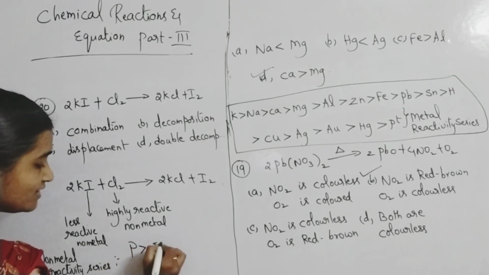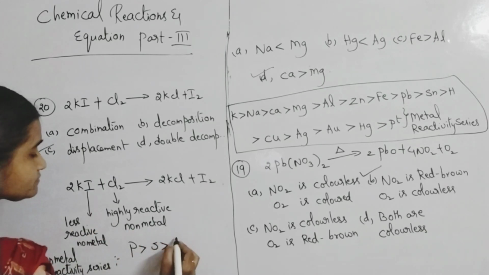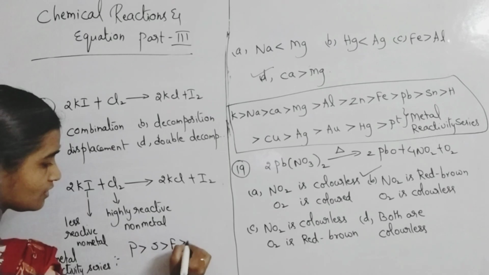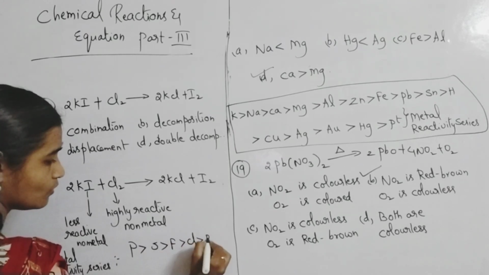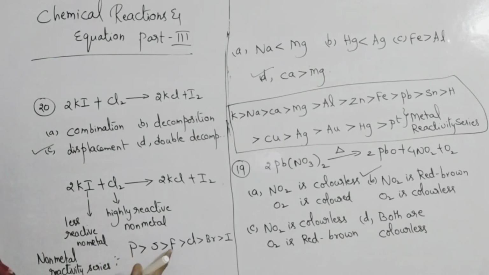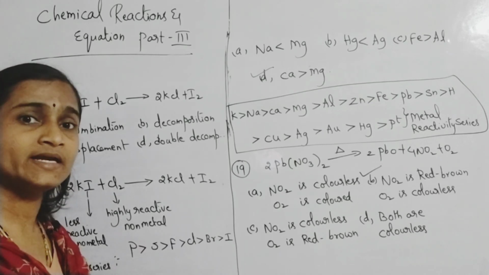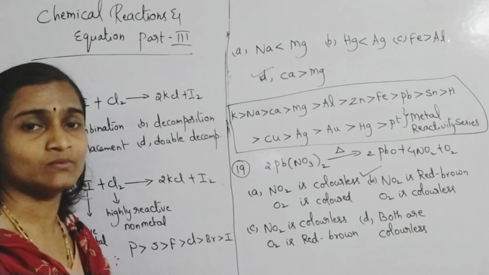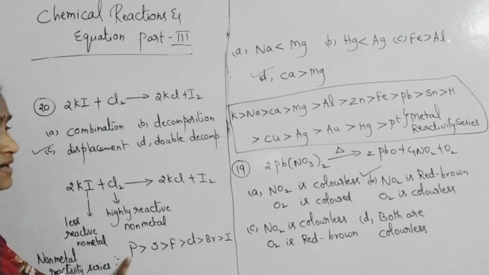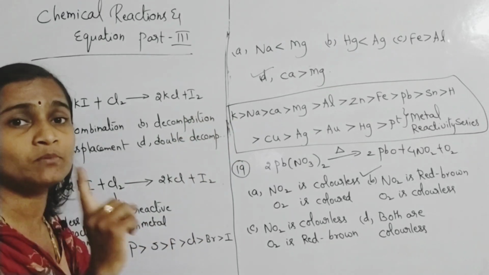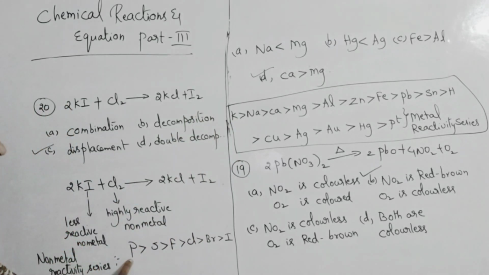Then comes sulfur, then comes the halogens: fluorine, chlorine, bromine, iodine. Oxygen of course is a non-metal only, and it is also highly reactive, but oxygen reactions we all know. Phosphorus is the highly reactive non-metal. Potassium is the highly reactive metal. Please remember that point.